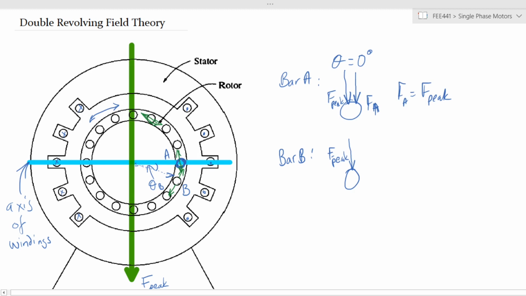So in the case of B, it is tangential in that way, which means the only force that can act on it has to act in that direction, either pulling it that way or pushing it upwards. And because F peak is going in that direction, we will have it going that way.